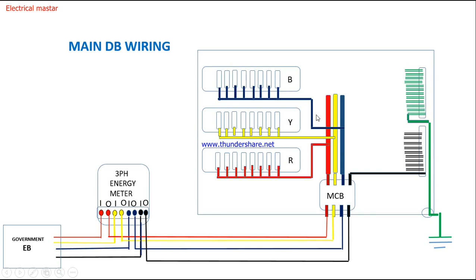Similarly, for earthing of this main DB, I separately make the earthing connection outside my home. From the earthing electrode take the cable, and it will be connected to the earth bus bar. From the earth bus bar loop I will take earth to the individual loads like the AC or geyser or power socket, wherever there is an earthing pin connection. So like that I am doing the house wiring.